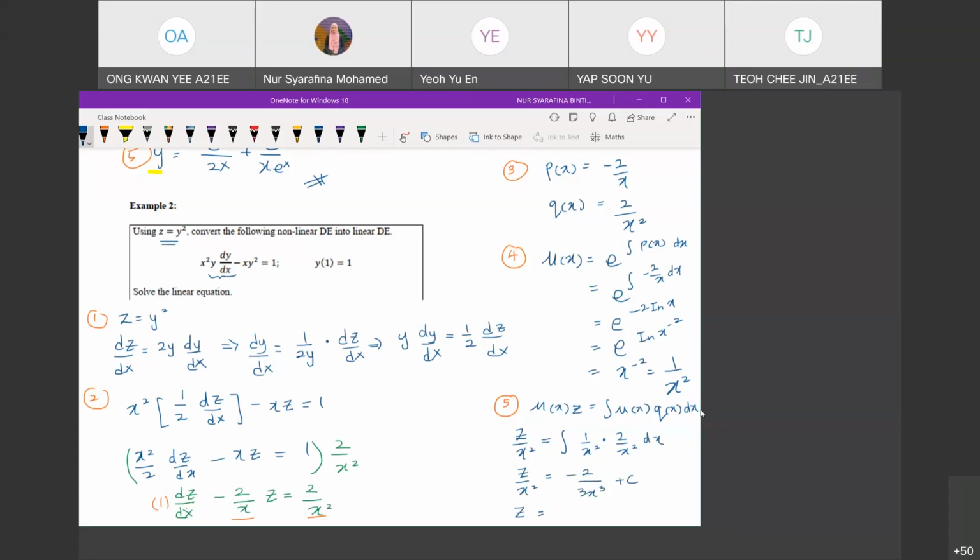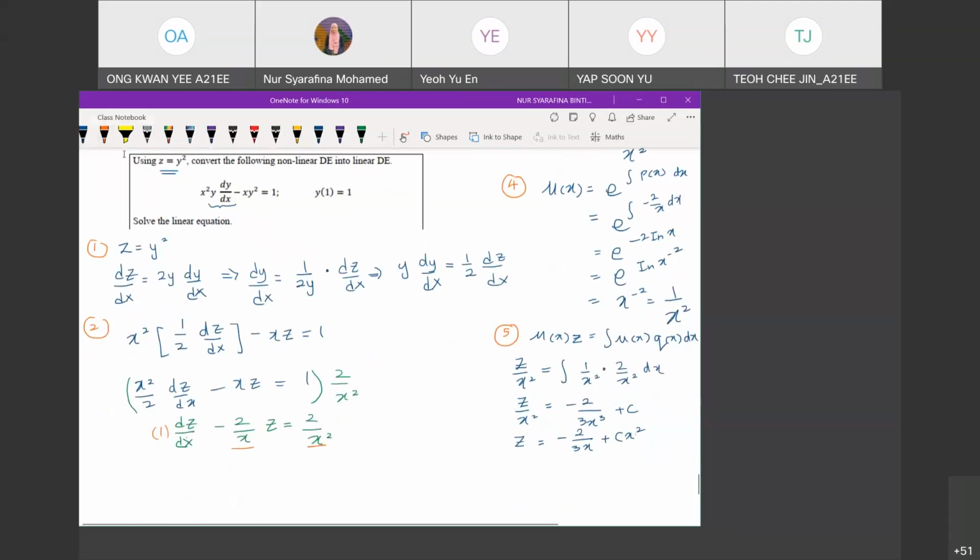Negative 2 over 3x plus c x squared. And remember, z is just y squared.